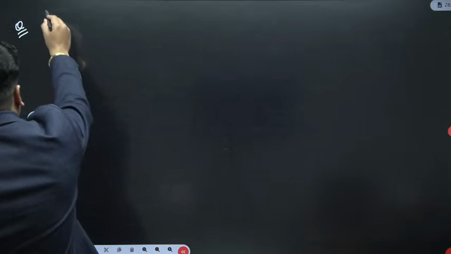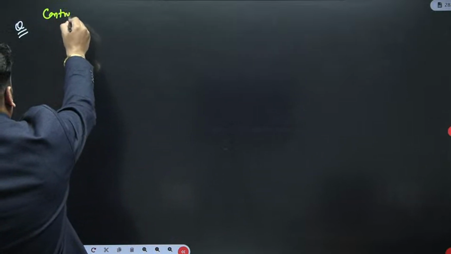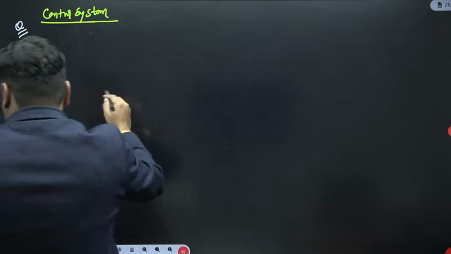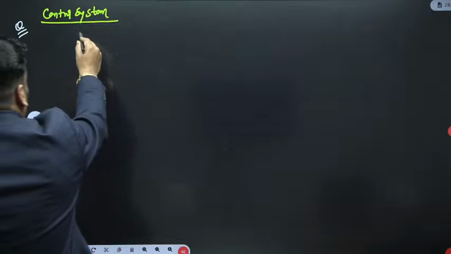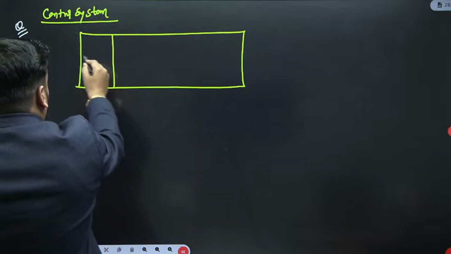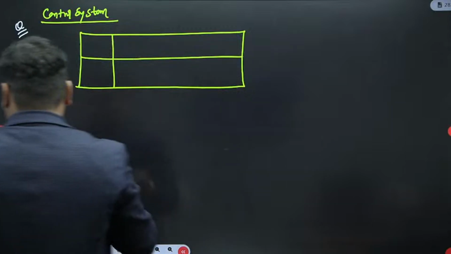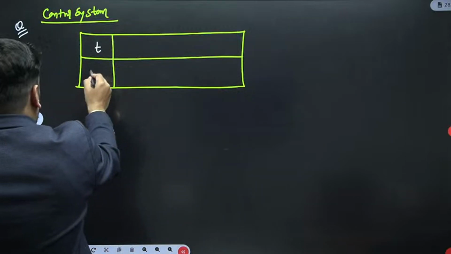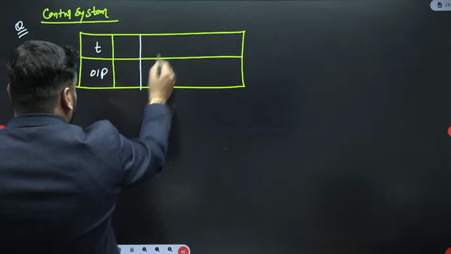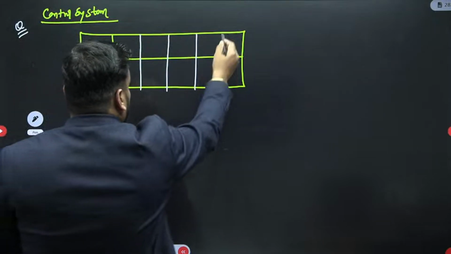So guys, the question is from control system, and it is a very basic question from the time domain analysis, and here a table is given to you, where t and c(t), the output equation, are given.